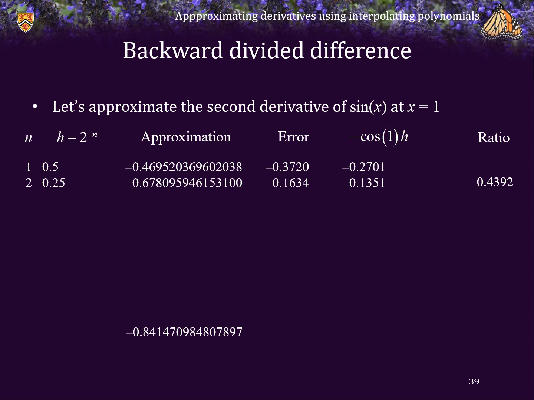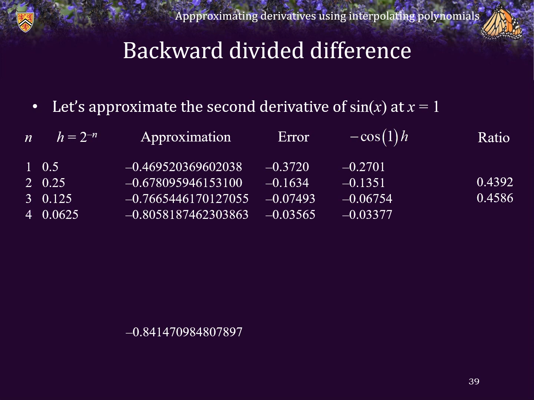And the error does seem to have actually dropped by almost a factor of 2. Halve h again, the error drops again by approximately a factor of 2. Remember, this formula, even though it's identical to the previous one, because we're using it to approximate the derivative at an endpoint, it's now only order h. And so halving h only halves the error.